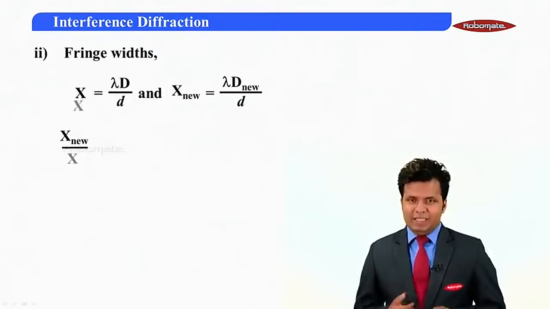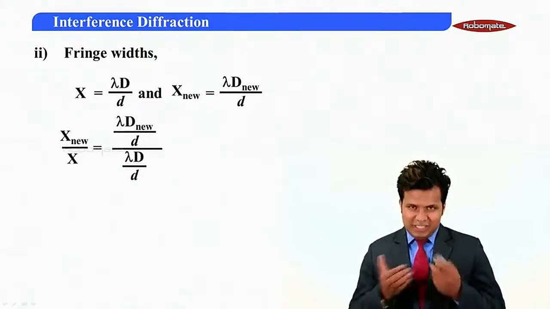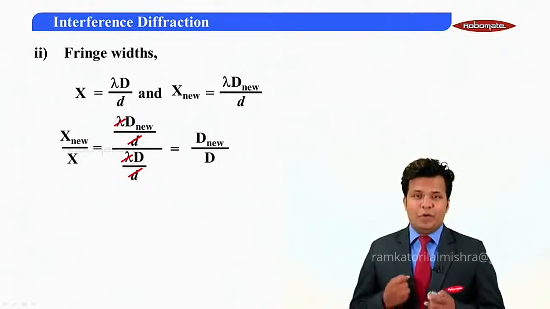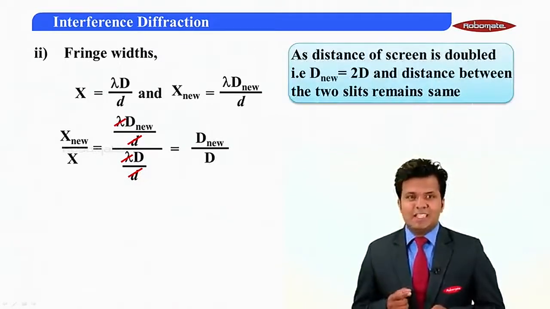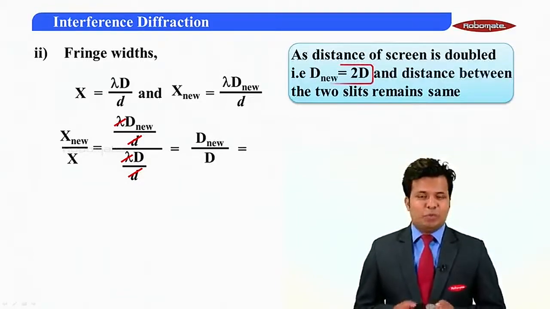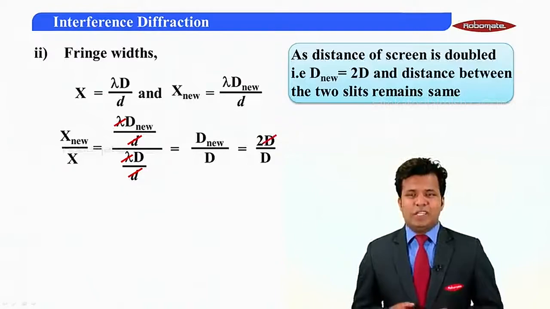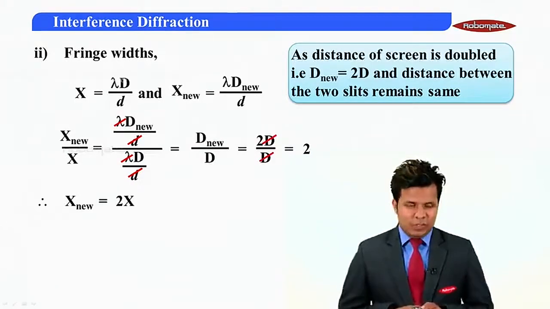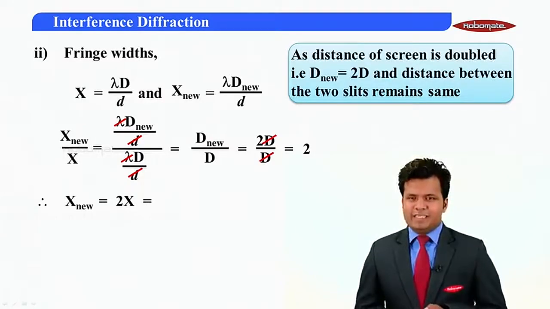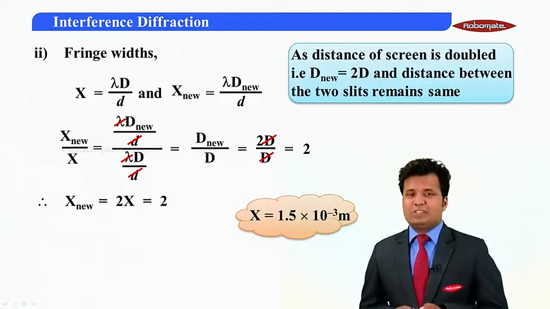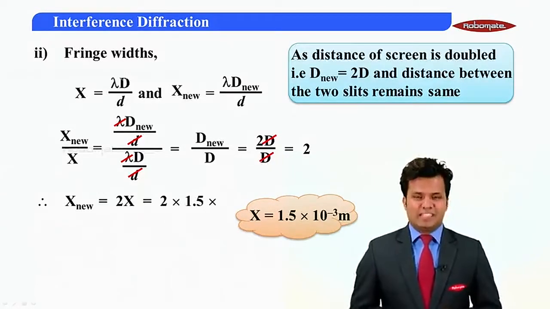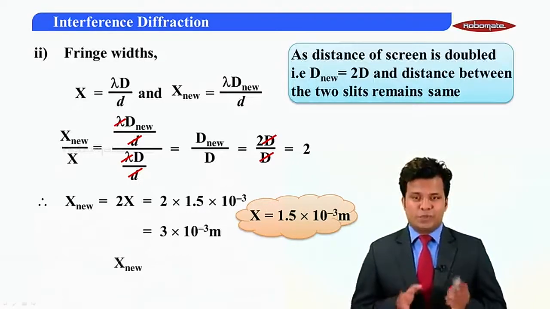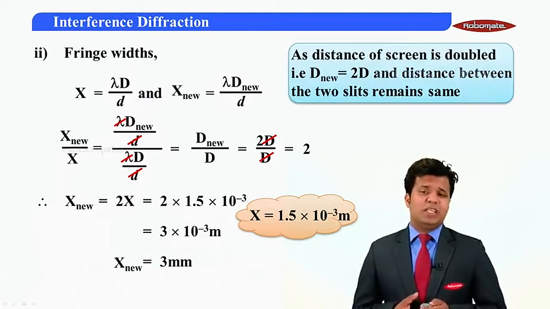Taking it in ratios, similar terms get cancelled and the leftover is D new upon D. D new is twice D, so X new upon X is 2D upon D. On cancellation, X new is twice X. X is 1.5 into 10 raised to minus 3 meter, so substituting it, X new, the value when the distance of screen is doubled, is 3 mm.